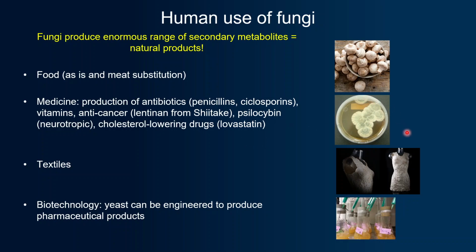So on this plate there is a penicillium that produces the penicillins, antibiotics, but there are lots of fungi that produce those chemicals, those metabolites that we can use in medicine.